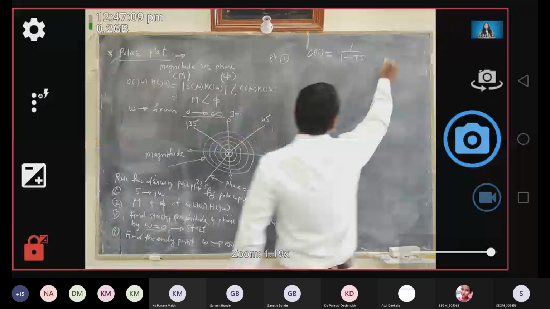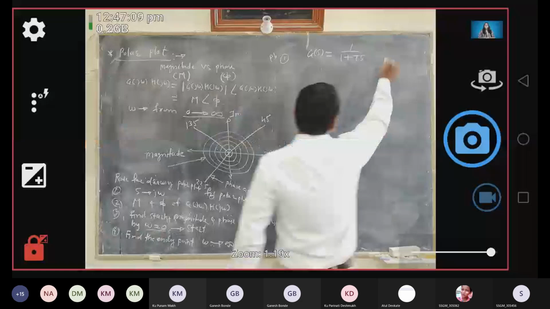It will be given by 1 upon square root of 1 plus omega square. This is the magnitude. And angle phi is the angle of G of j omega. So what is the angle?